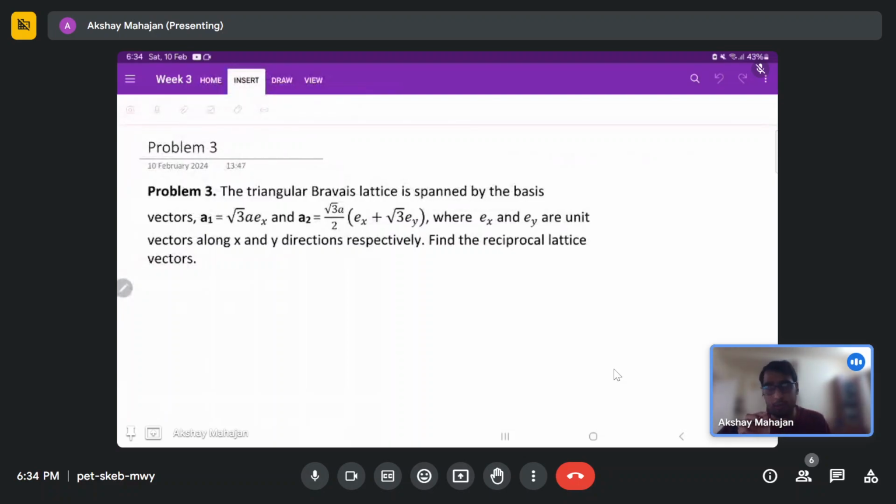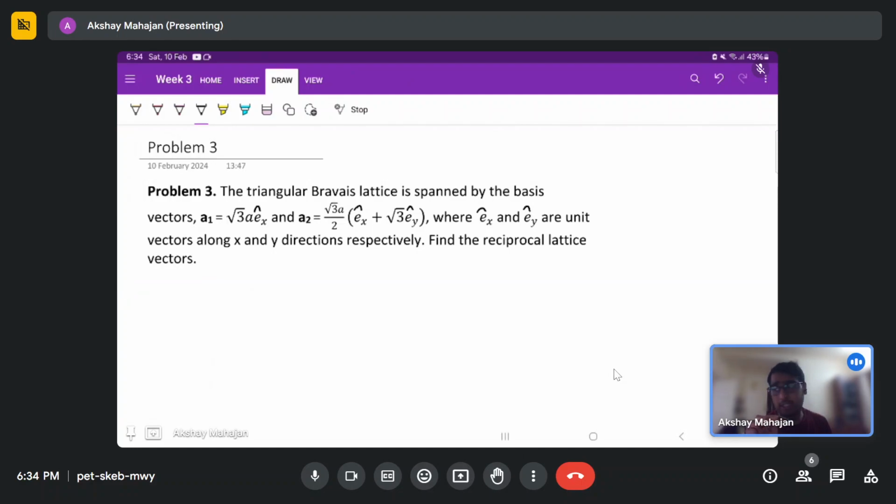Alright, so in problem number 3, it is given that we have a triangular Bravais lattice spanned by the basis vectors e1 vector and e2 vector, which are given as root 3 ex and ey, where ex cap and ey cap are the unit vectors along the x and y direction respectively.